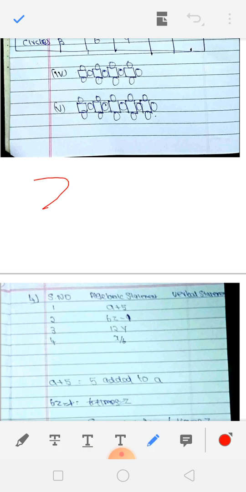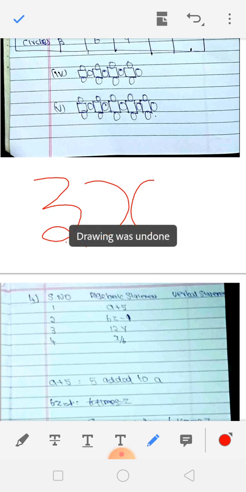and then 3x. What is the sign in between 3 and x? The sign is multiplication.